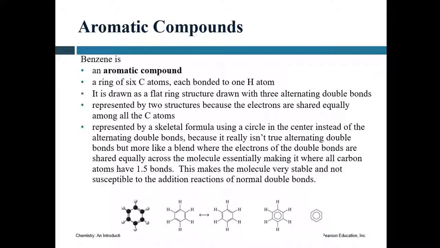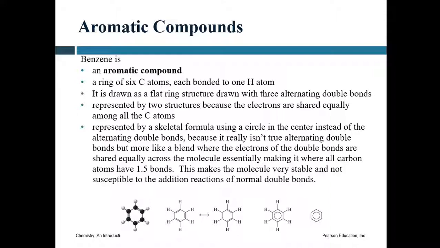It's represented here by this skeletal formula using a circle in the center instead of the alternating double bonds, because it really isn't true alternating double bonds, but more like a blend, where the electrons of the double bond are shared equally across the molecule, essentially making it where all carbon atoms have 1.5 bonds. Now, this makes the molecule very stable and not susceptible to the addition reactions we learned back in the last section of normal double bonds.